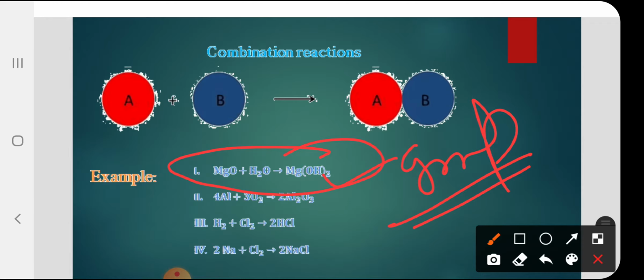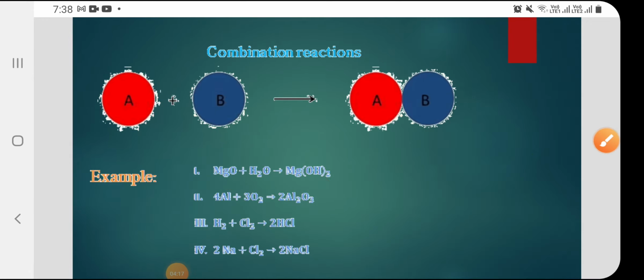Again I am telling you, what is a combination reaction? A combination reaction is a reaction when two or more simpler substances combine with each other and form a new substance. I hope this is clear to you.